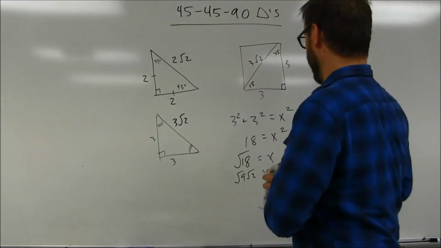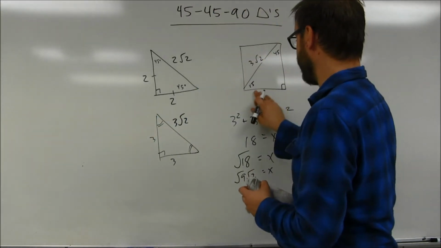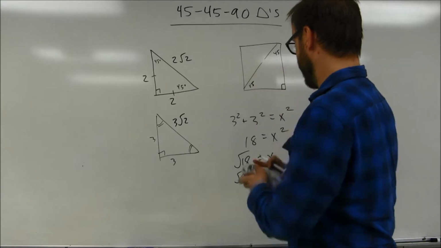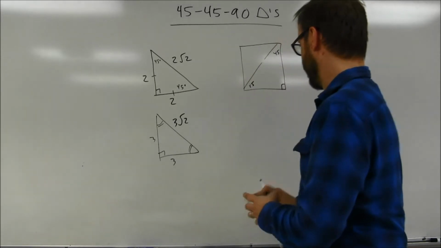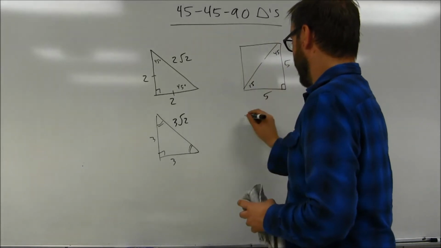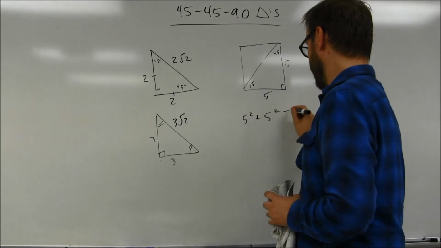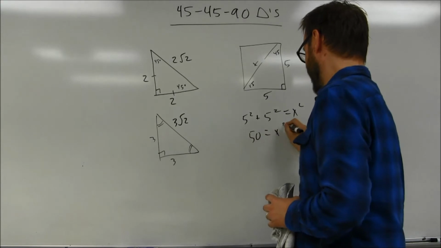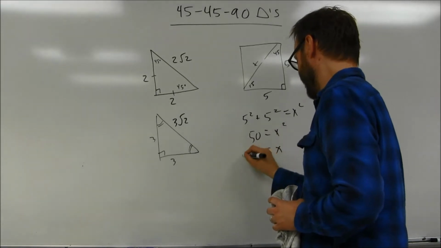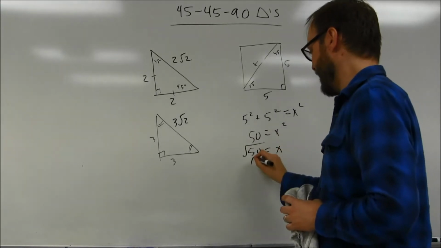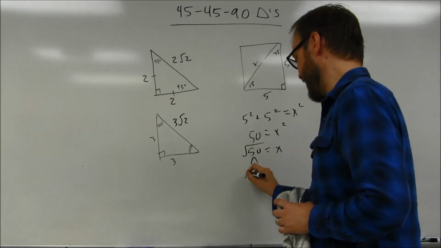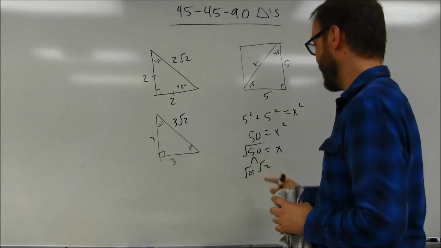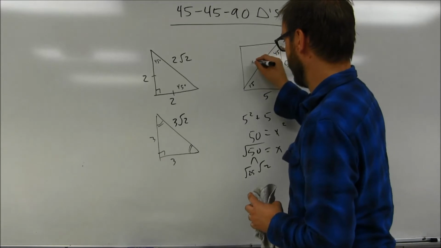If we wanted to do this with a square of side lengths of 5 and 5, 5 squared plus 5 squared is equal to x squared. That's 50 equals x squared. x is the square root of 50. That's going to break up into the square root of 25 times the square root of 2. That's going to be 5 radical 2.